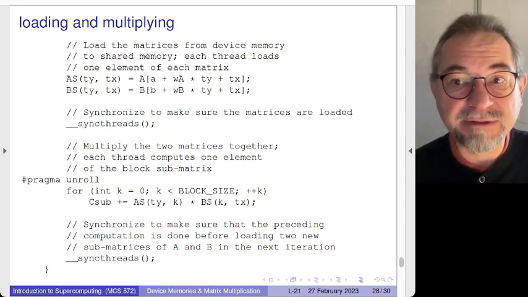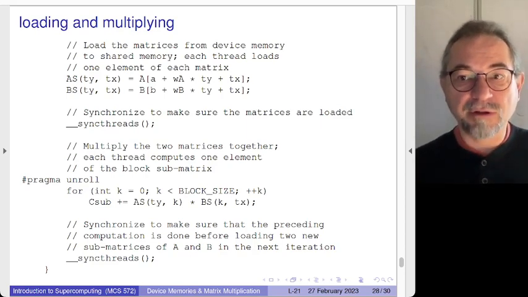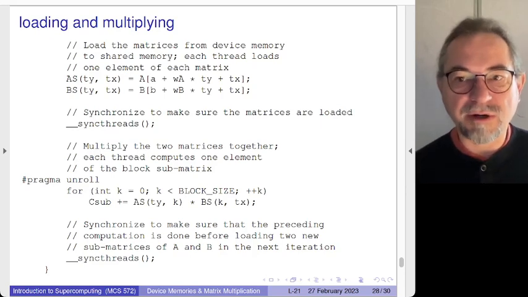Thread synchronization. When the kernel is executed, you cannot be sure that the instructions are actually completed. There might be one block of threads or one warp of threads that executes the instruction, while another warp of threads is still waiting to be scheduled.